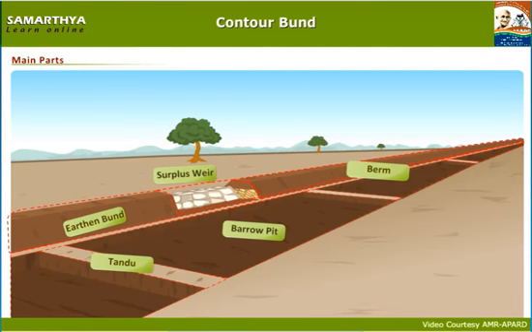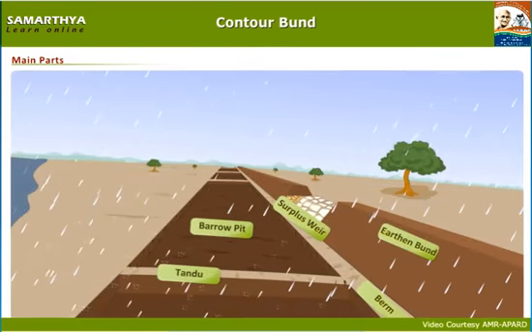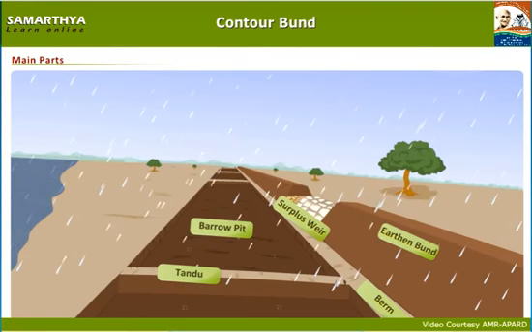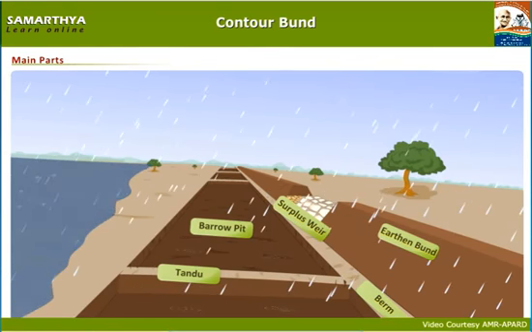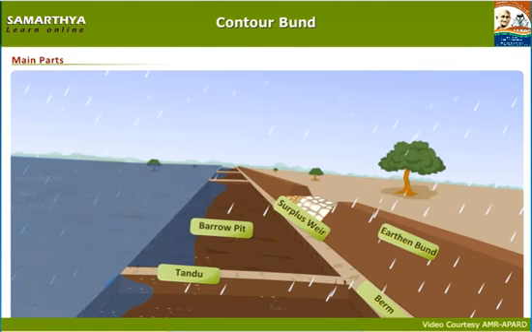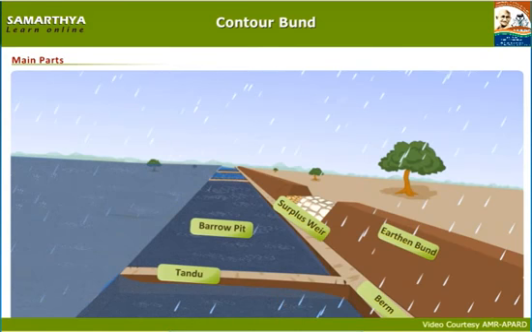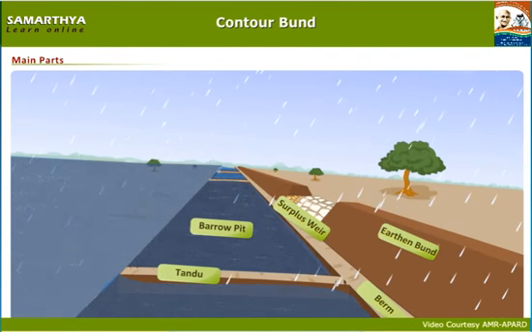How an earthen bund works. When it rains, water flows from upland to low-lying areas. The rainwater first reaches the borrow pit that is constructed across the slope. The fertile top layer soil that comes along with the rainwater reaches the borrow pit.